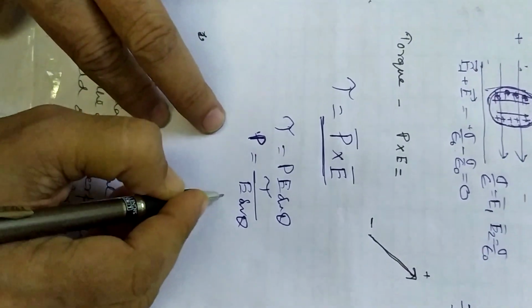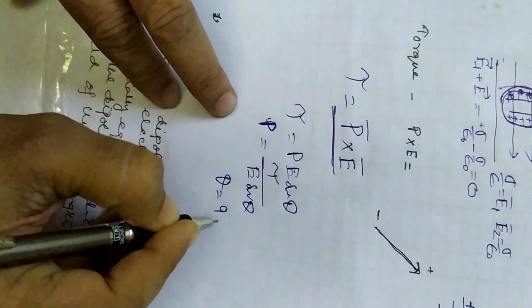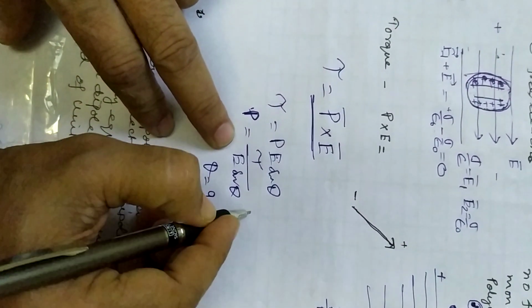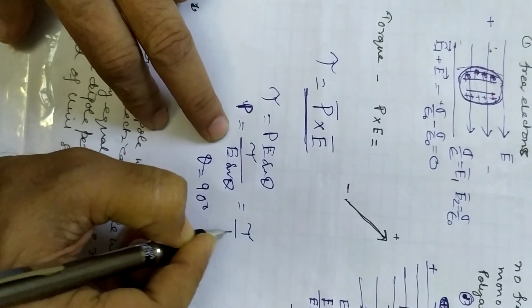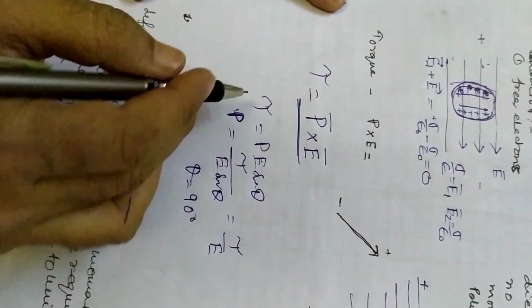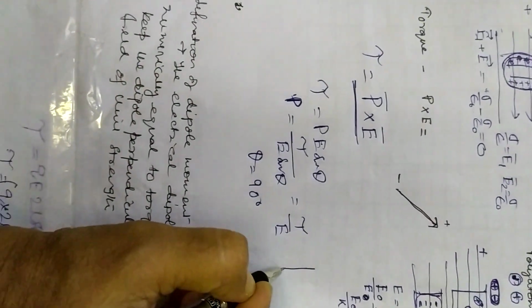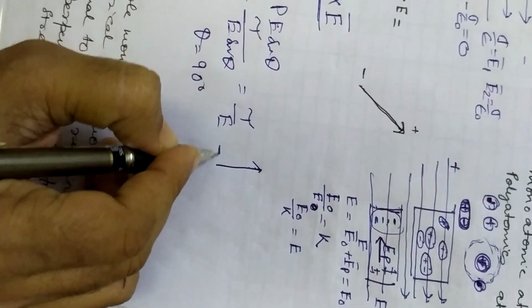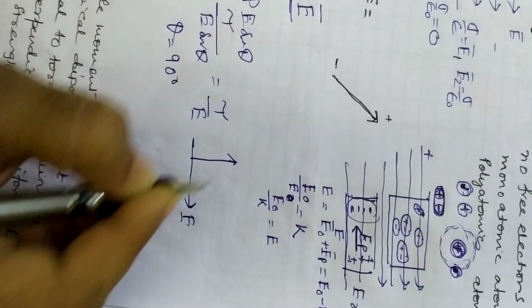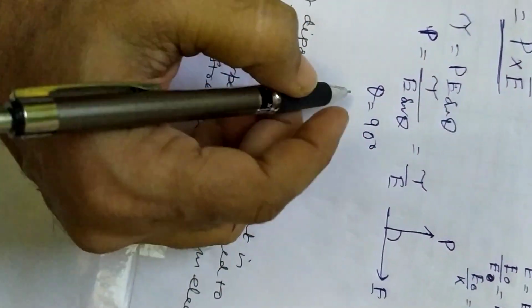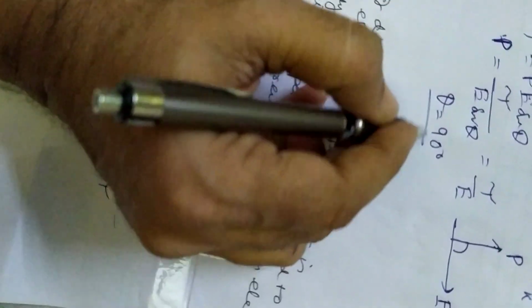Clear? Now this sine theta, if it is 90 degrees, what happens? This will be 1, so we'll be writing torque divided by E. Clear? So suppose the dipole moment P and the electric field are at 90 degrees, this is the electric field and this is P. Suppose it is at 90 degrees, then sine theta is 1.